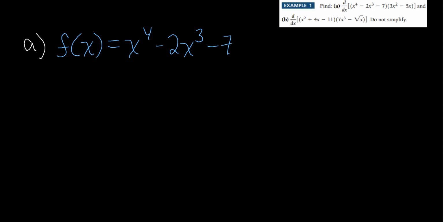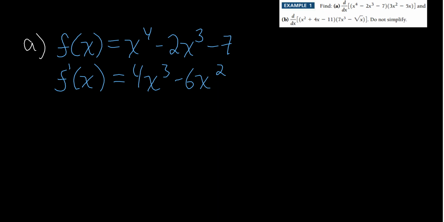All right, so let's go ahead and just take the derivative of that. The derivative is f prime of x, and we can do these in our head: 4x cubed minus 6x squared, and then 7 doesn't have a derivative, right? So that's that.